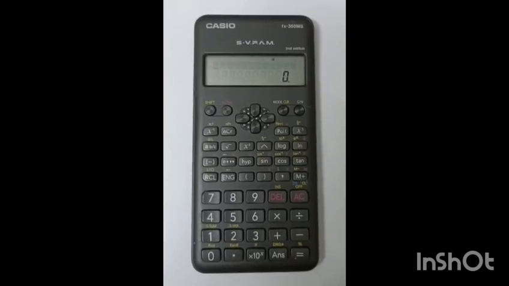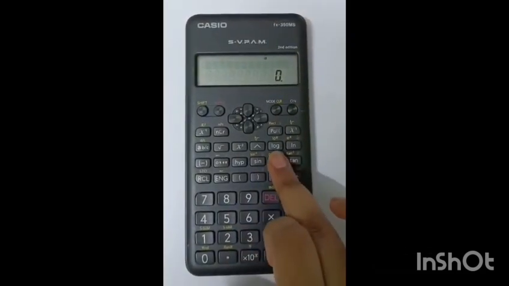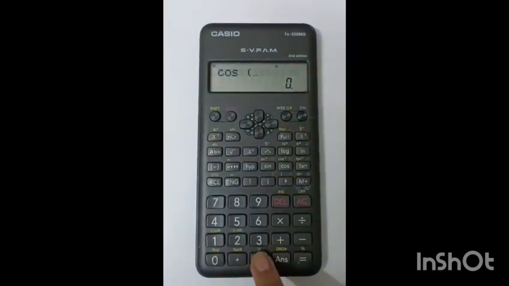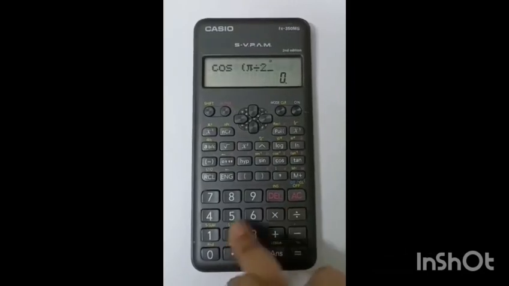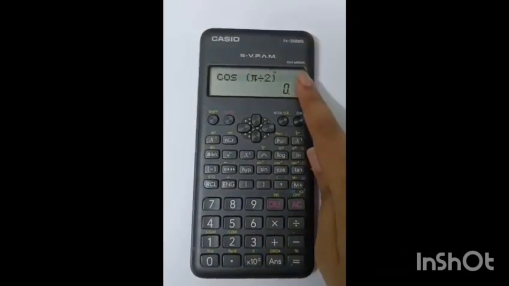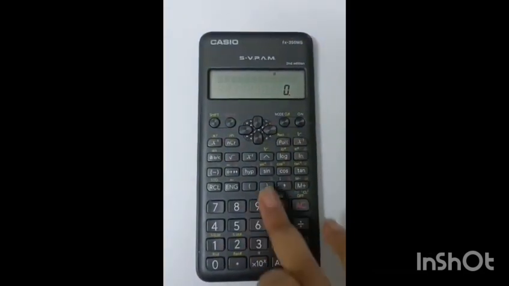Now the first thing is cos pi by 2. You could see cos, open bracket, shift, here you could see pi, divided by 2, close bracket, which is nothing but 0. Cos pi by 2 is 0. Now I am going to do sin pi by 2.